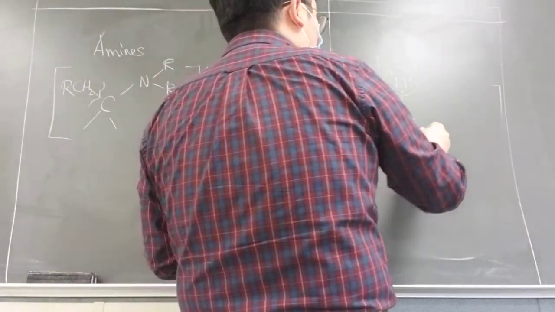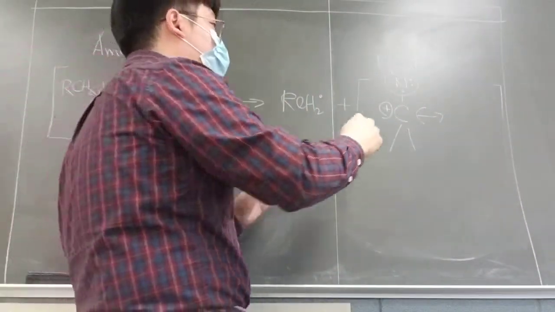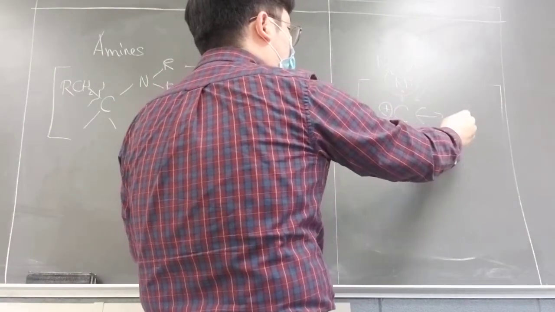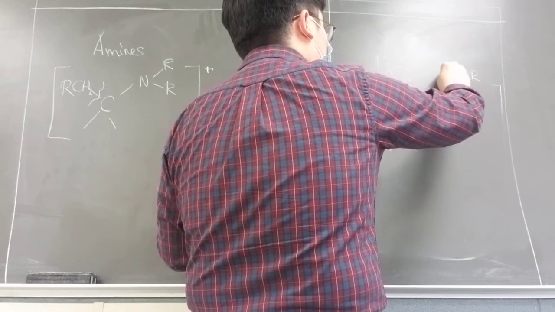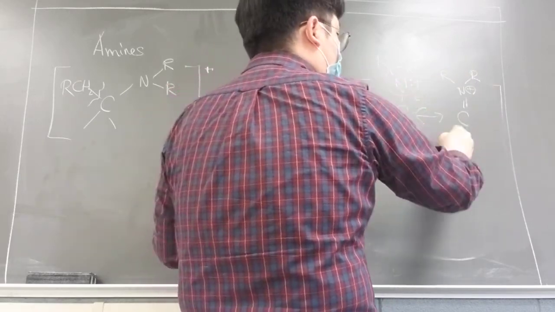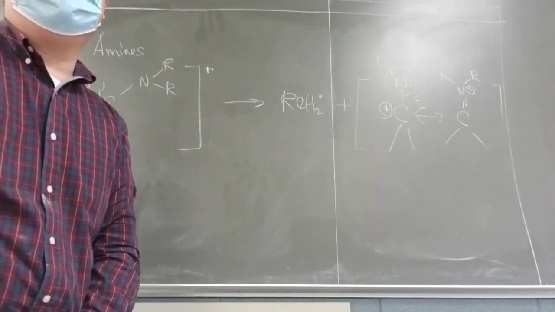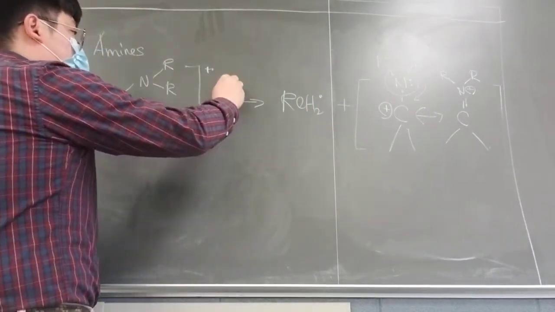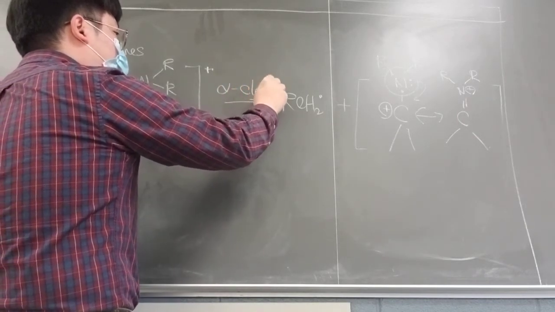So you can do a resonance structure like you did for the alcohol, but now the nitrogen will carry the positive charge. This is another possible scenario, and obviously, this is an example of alpha cleavage as well.